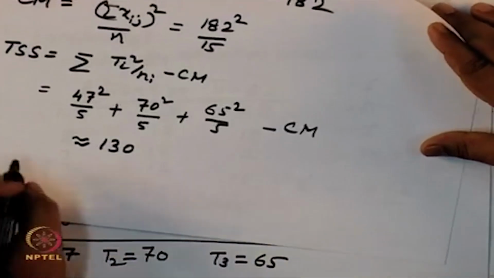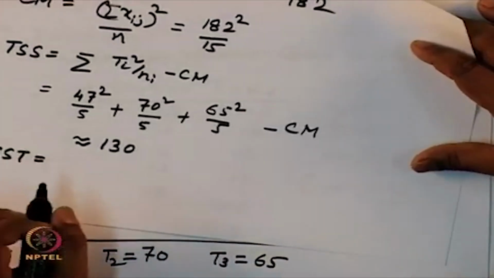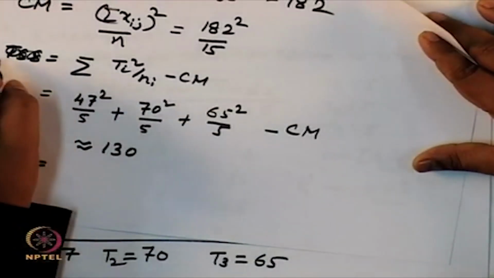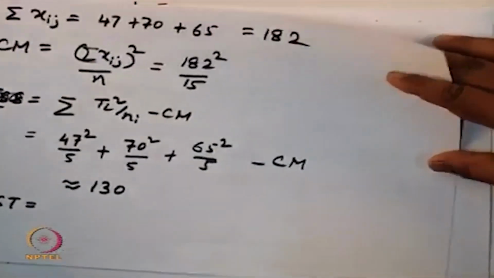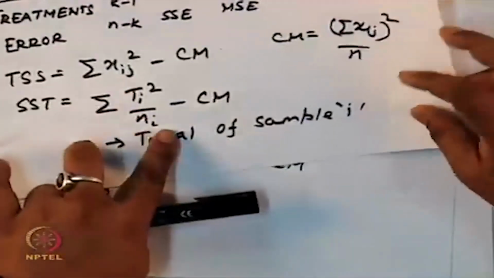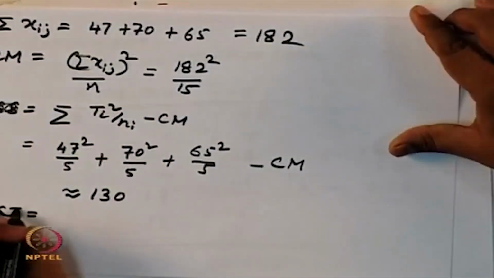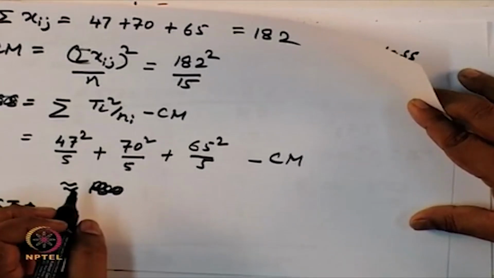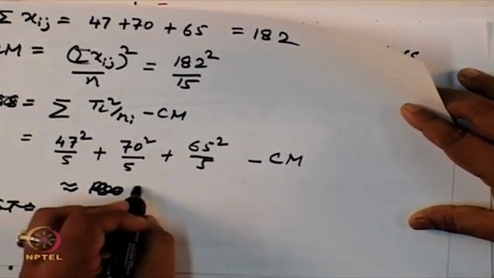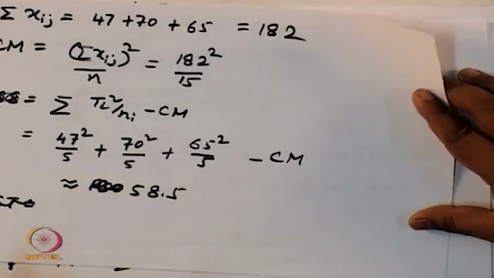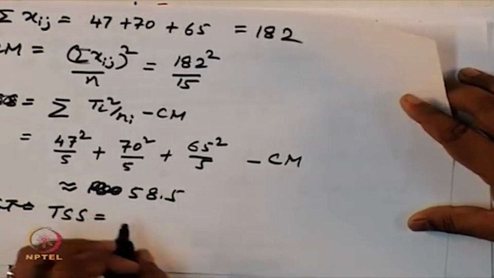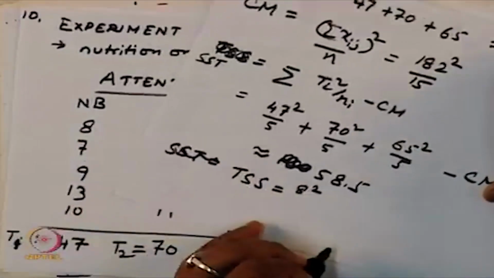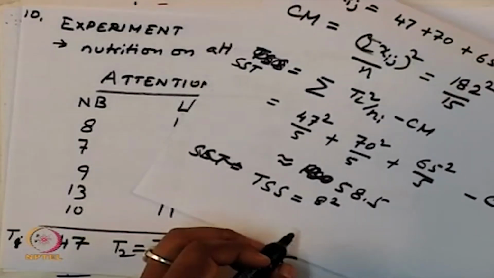Sorry, this is SST. Your SST is given by summation Ti square by Ni minus Cm, which gives you a value of roughly 58.5. For TSS, you have to add up all the squares, in other words summation Xij whole square.